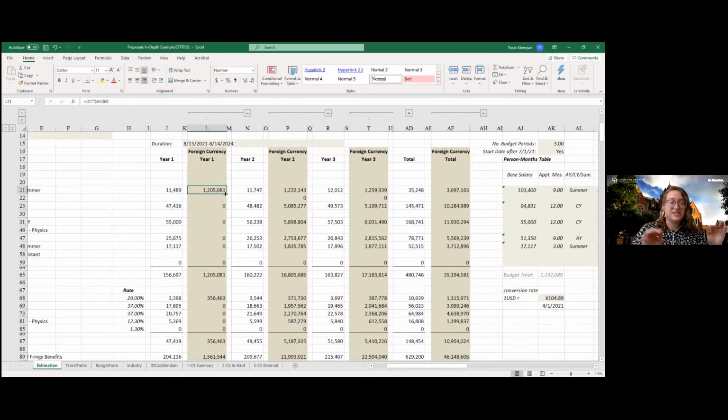It will not change no matter where you drag this formula, which is such a huge time saver. As you see, now we're doing USD times that same conversion cell over and over. Go ahead and remove those zeros. And now year one salaries are done. They are converted over and we are good there.